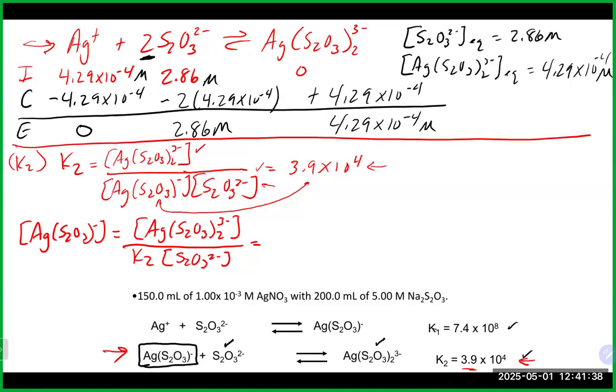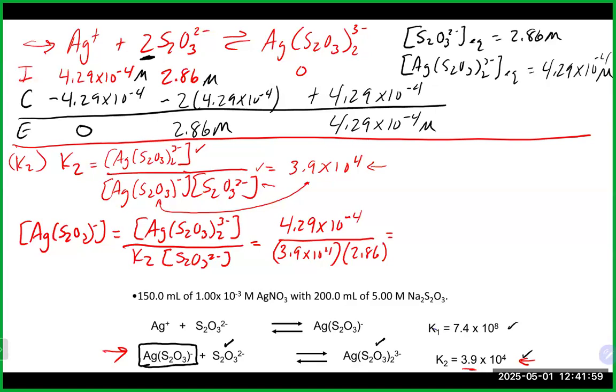So putting in our actual numbers, that's 4.29 times 10 to the minus 4, divided by our K2, which was 3.9 times 10 to the 4th, and our S2O3 2-, which is 2.86 in this case.